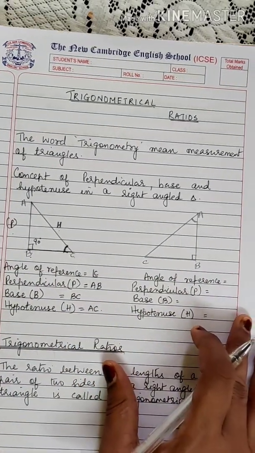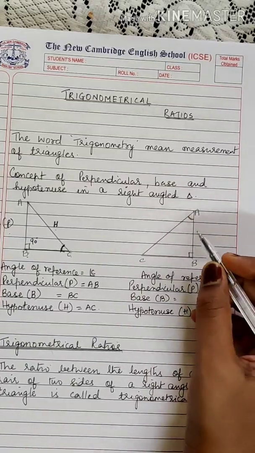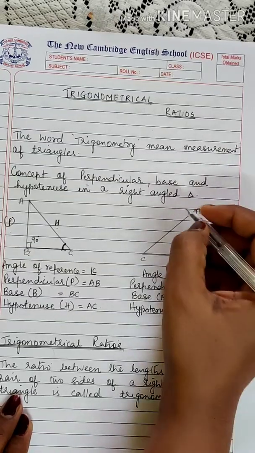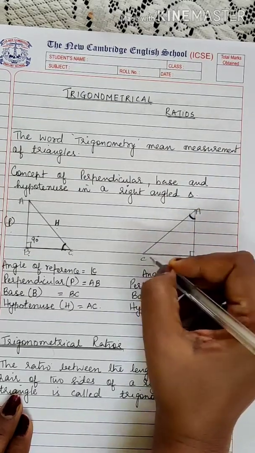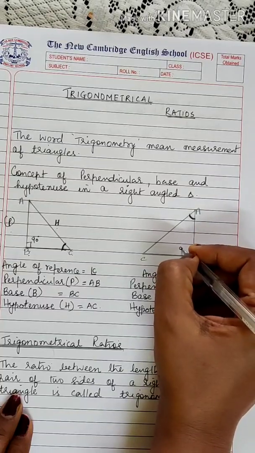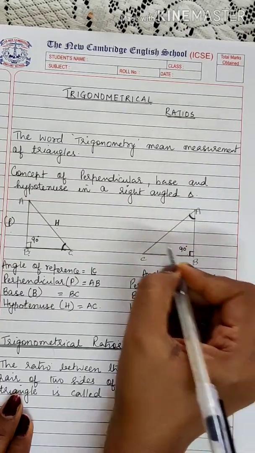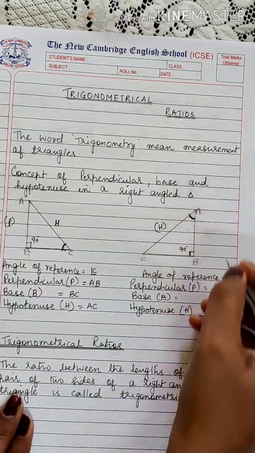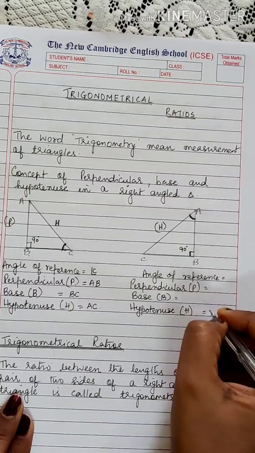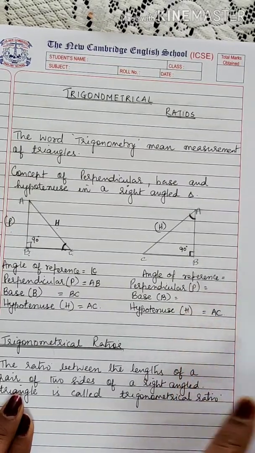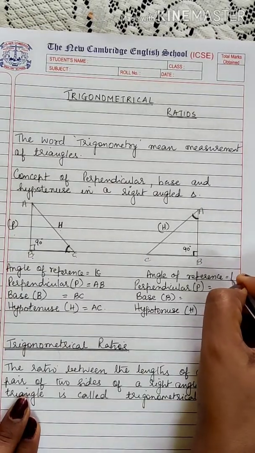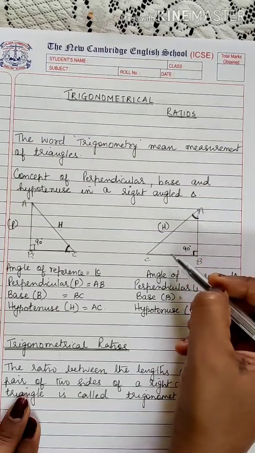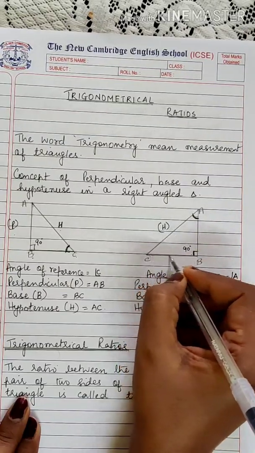Now coming to the next figure, here I have taken angle A as angle of reference. And this is again a right angle triangle, right angled at B. You know the side opposite to 90 degree is your hypotenuse. So AC is your hypotenuse. And the angle of reference I have taken as angle A. Now, the side opposite to this reference angle is BC.